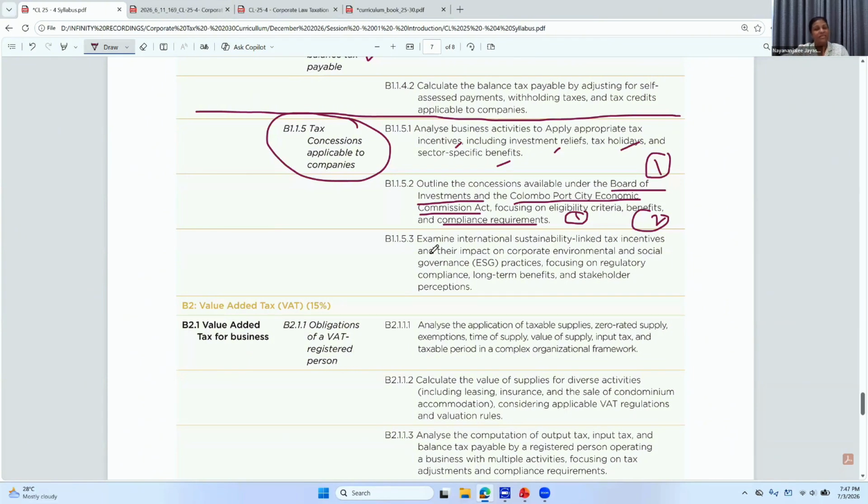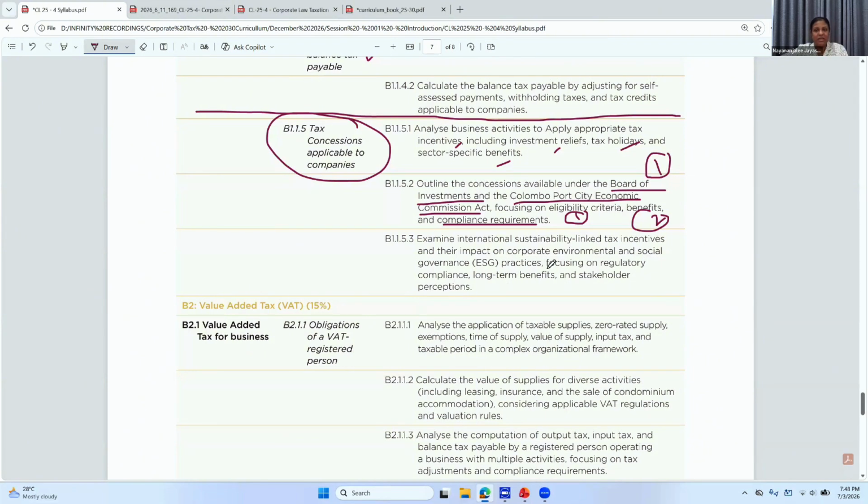From the learning outcome, examine international sustainability-linked tax incentives and their impact on corporate environment, social and governance, the ESG, which is the sustainability framework. Then ESG practices, focusing on regulatory compliance, long-term benefits and stakeholder perception.